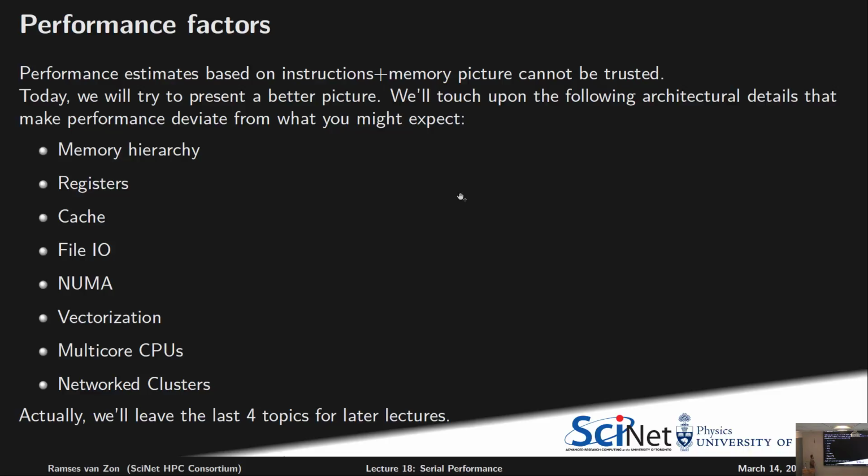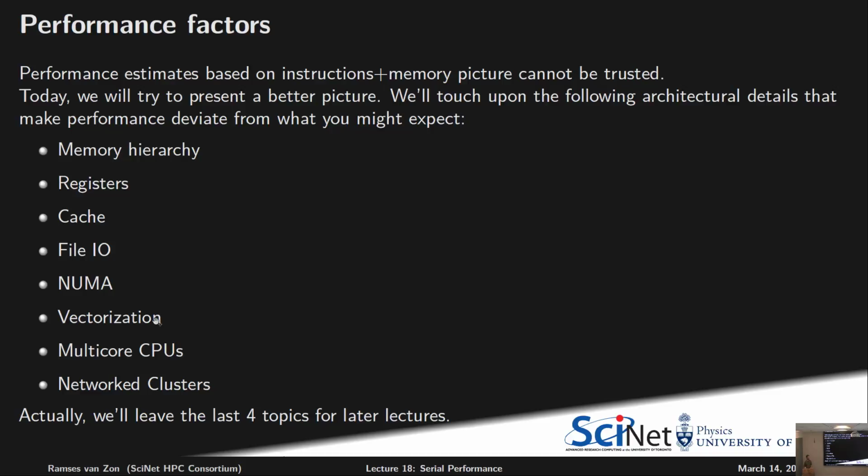And there's quite a few parts of modern architecture that would come into play here. We'll talk about a thing called the memory hierarchy. So there's not one memory, there's actually several memories. We'll talk about registers, cache. We'll talk about file I/O, so how do you treat disk? We could talk about NUMA, which is non-uniform memory access, which happens on multi-core machines.